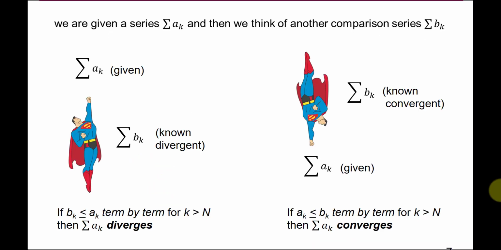So right here, if I'm going to do a direct comparison, the direct comparison is the one where I use the less than or equal. That's what makes it direct comparison.